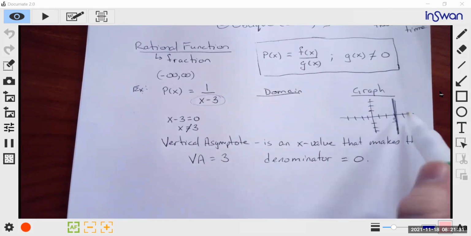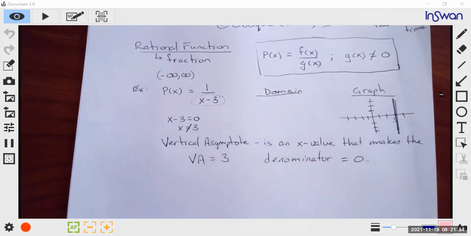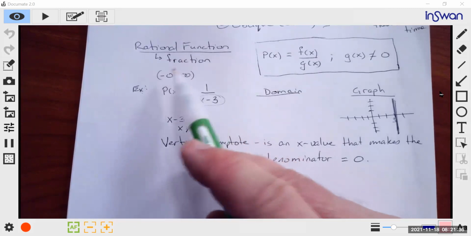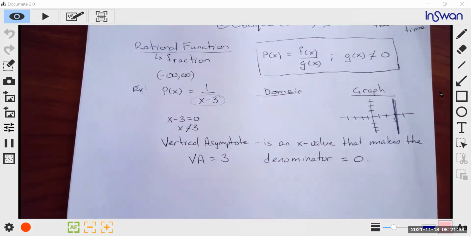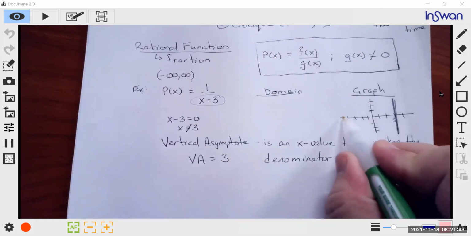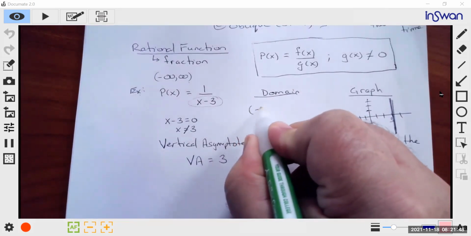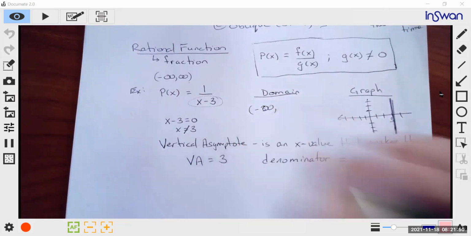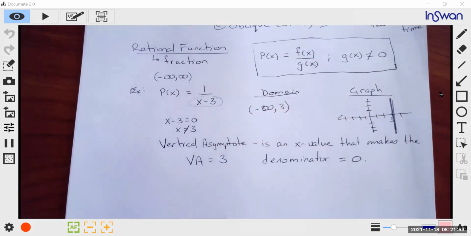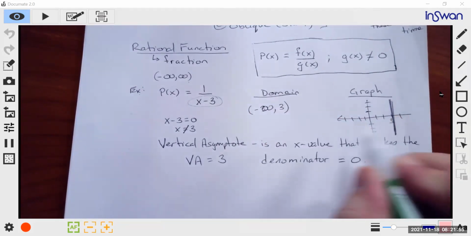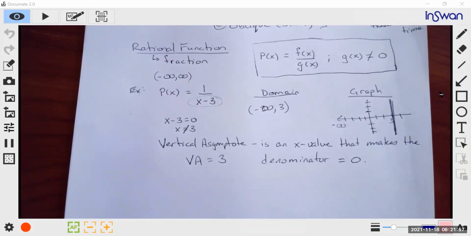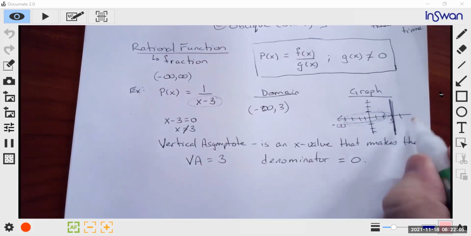So with this restriction, what's my domain? Remember, it used to be negative infinity to positive infinity. What is it now? Negative infinity to 3. Anywhere else? So we can use x's here. Anywhere else? How about on the other side?